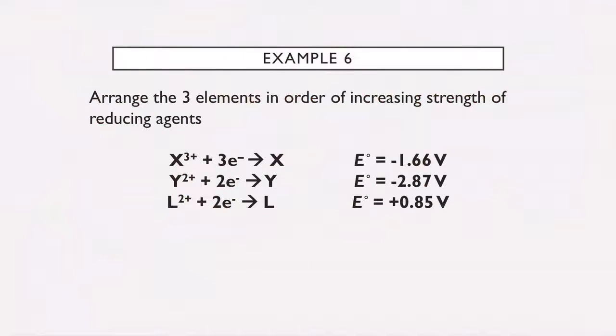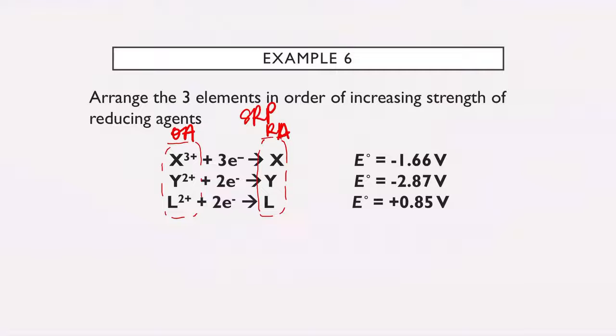Alright. So here we're going to arrange the three elements in order of increasing strength of reducing agents. Right. So you know that, like I said, ini daripada SRP. Okay, on your left here will be your oxidizing agent, and here will be your reducing agent.